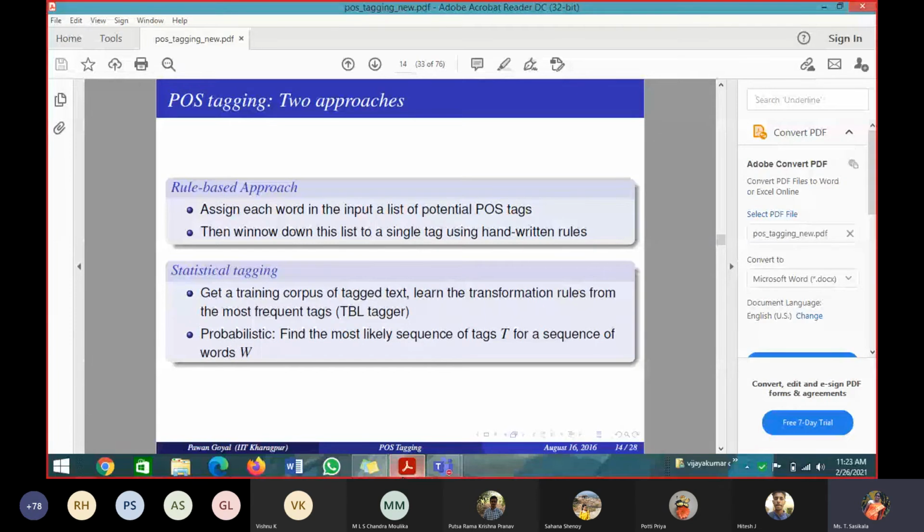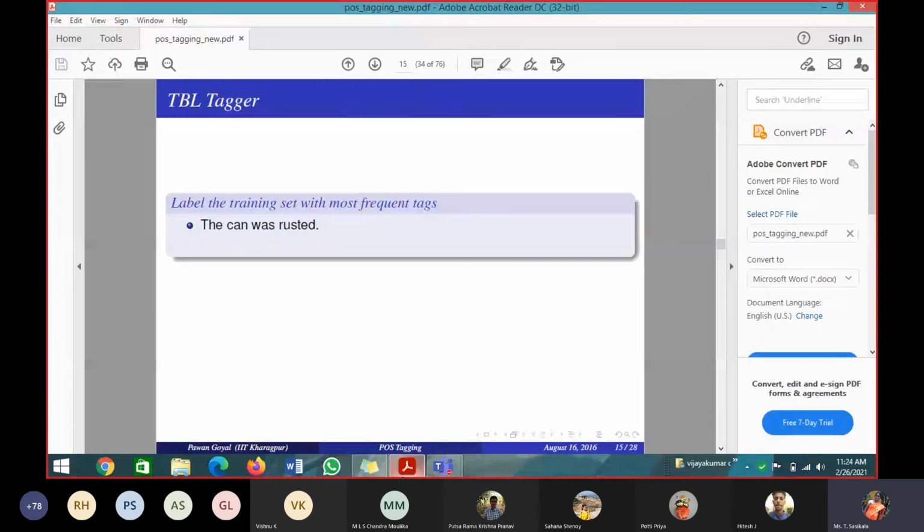What will a new sentence be? Will it be test data or training data? Test data. So if I give test data, then I'll be learning the tags for it. You will be having training data and test data.